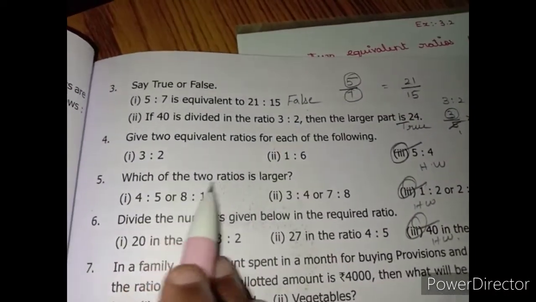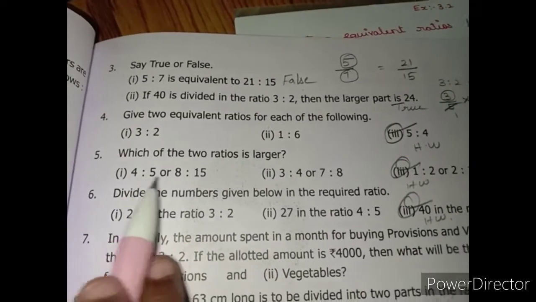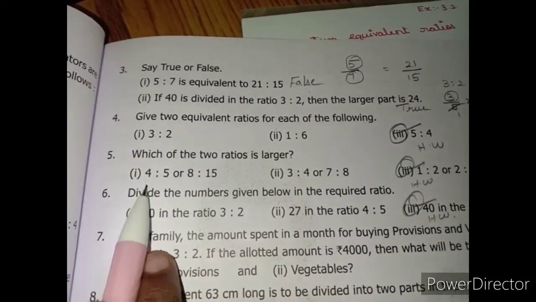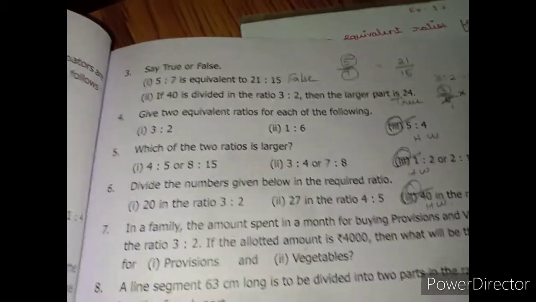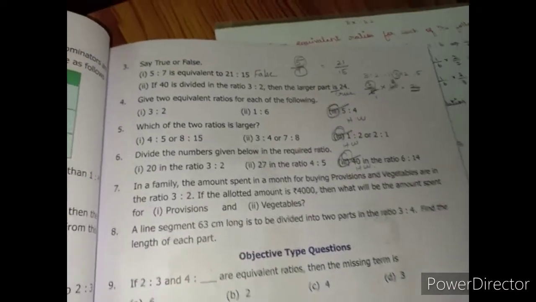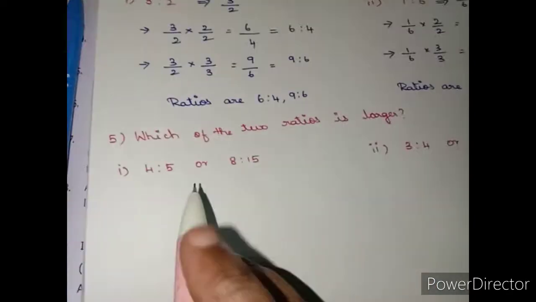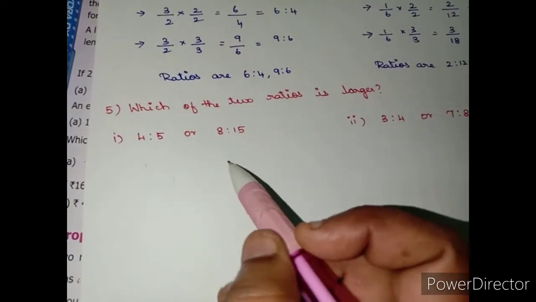See the next question, fifth one. Which of the ratios is larger? So they have given two ratios and we have to find which one is larger and which one is smaller. Okay, so this is going to be a very simple sum if you understand it. See here, as I told you, which of the two ratios is larger?